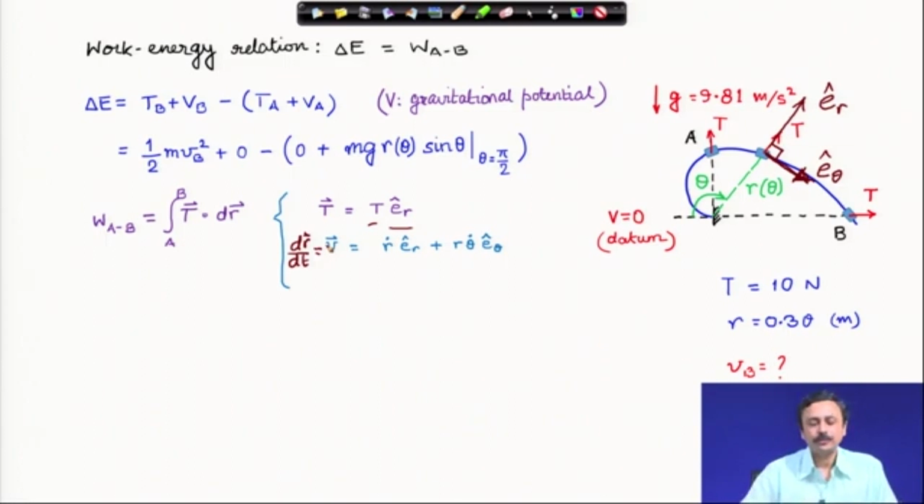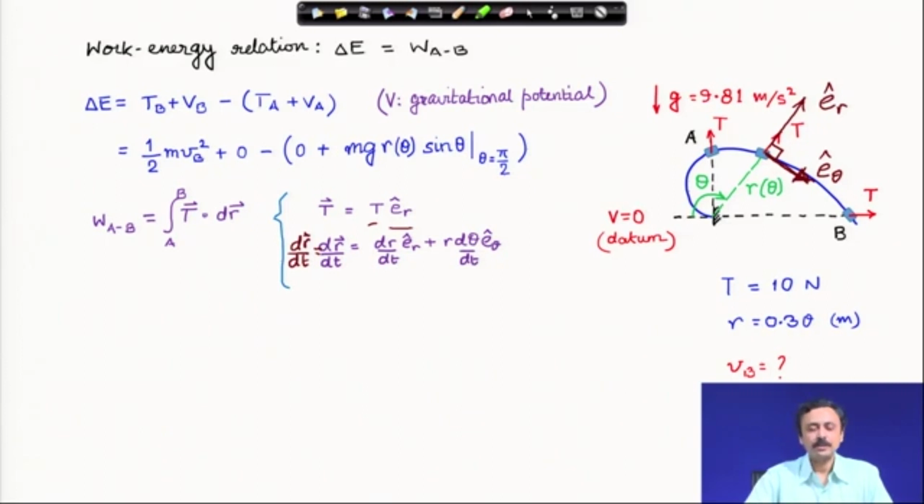I have written this out also for you. dr dt is r dot, the rate of change of the radial distance, which is along ER cap, plus r theta dot, theta dot is d theta dt, along E theta cap direction.